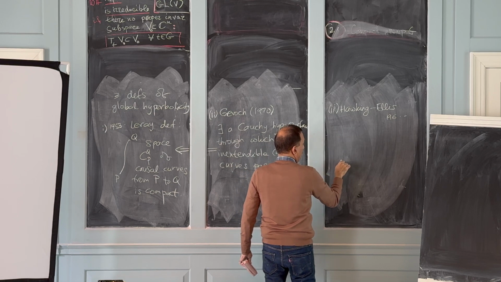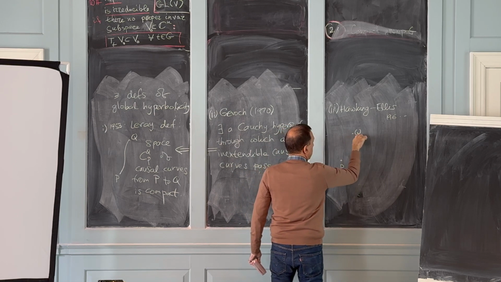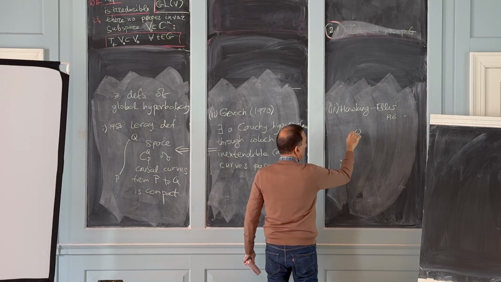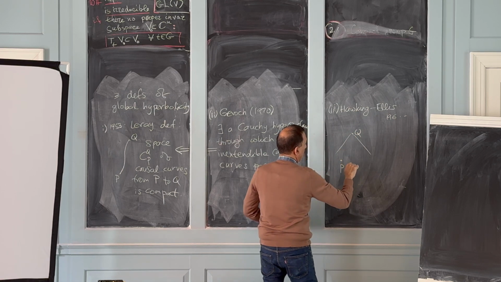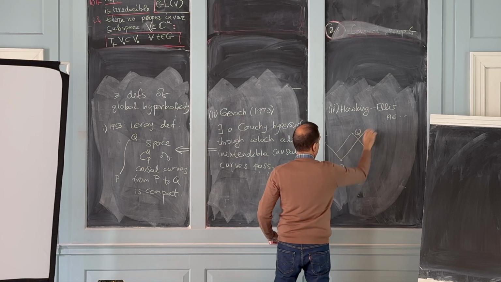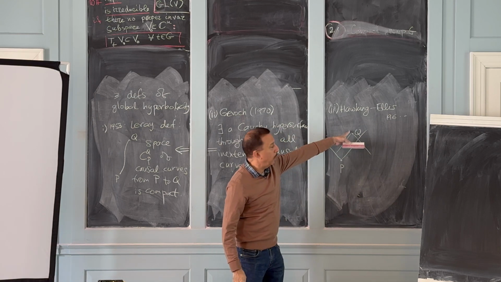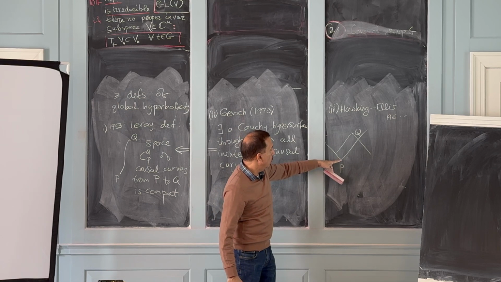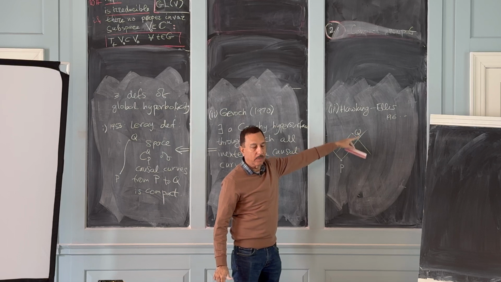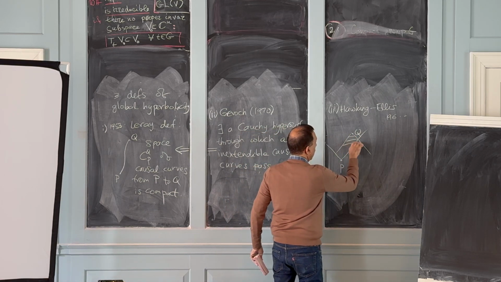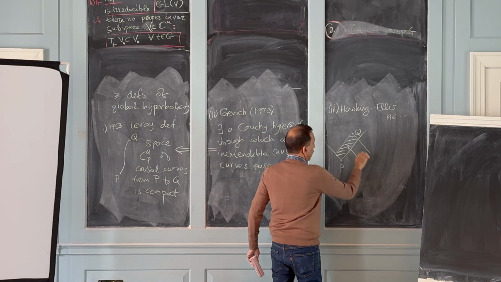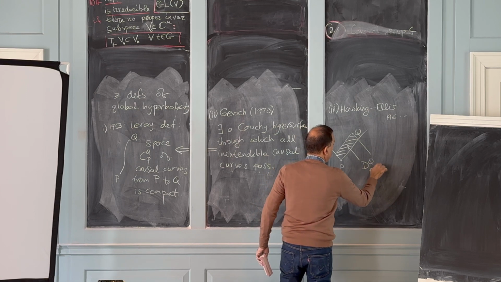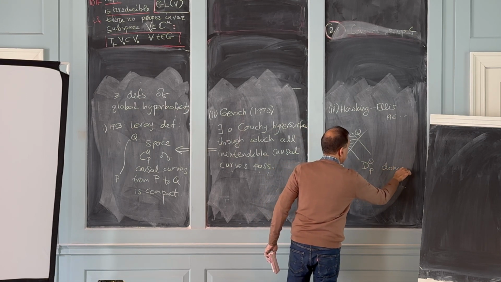They said that if I have a point Q in the causal future of P, then I will draw the causal diamond, which is the intersection of the future light cone of P and the past light cone of Q, or the domain of the causal future of this with the causal past of that. And this space we call D(P,Q), and it's called the domain of dependence.